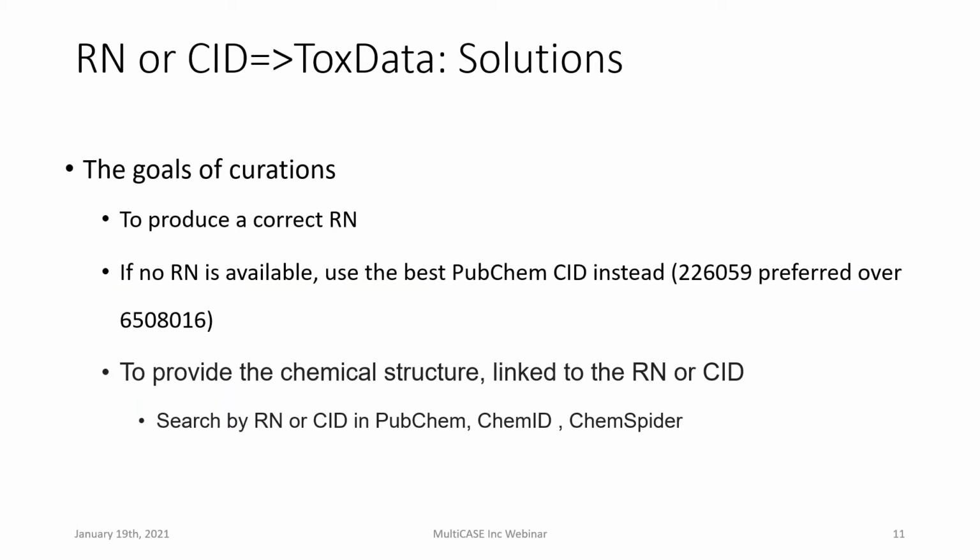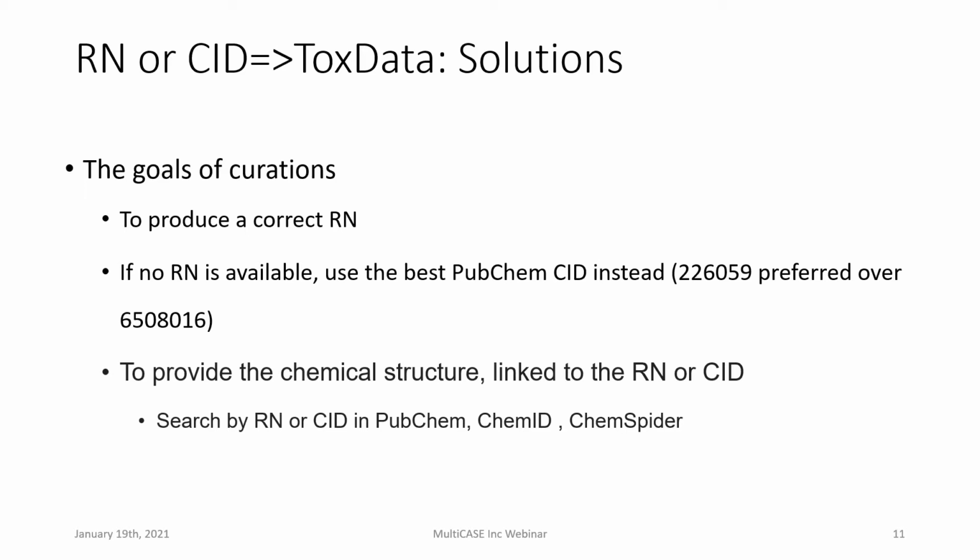And how do we solve those situations? We need to produce a correct registry number. So we have an internal routine which verifies if those rules which are specific for CAS numbers are observed, so if this number is correct or not. We also have databases which hook up chemical structures with registry numbers. If no registry number is available, then we use the best PubChem CID which is available.